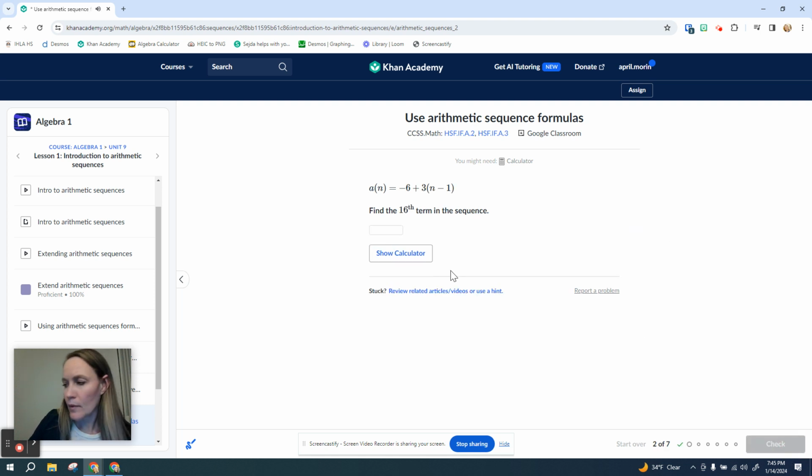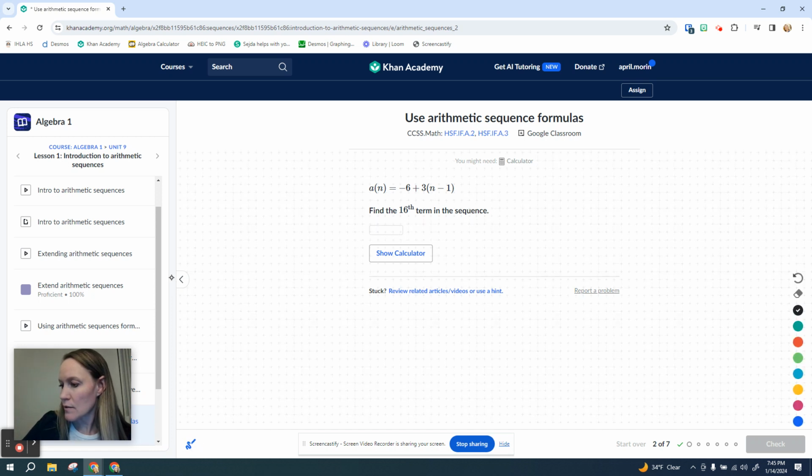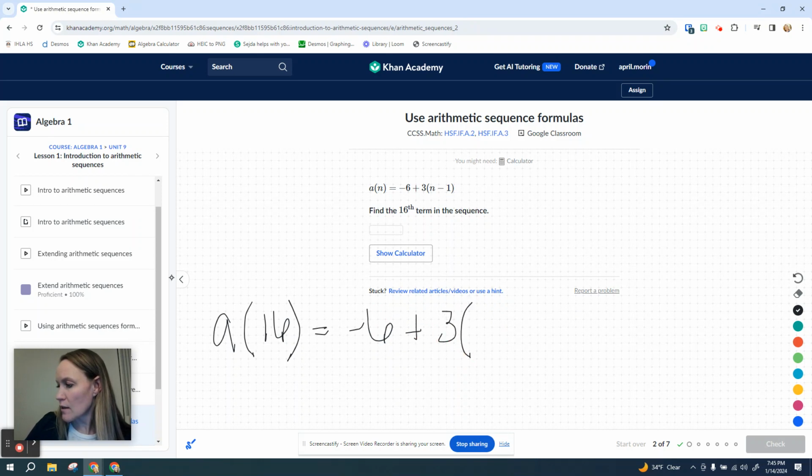All right. Okay, so we want to find the 16th term. And so we don't need A sub 1. So A of 16 equals -6 plus 3 times A of 15... oops, I don't know why I wrote a 3 there.